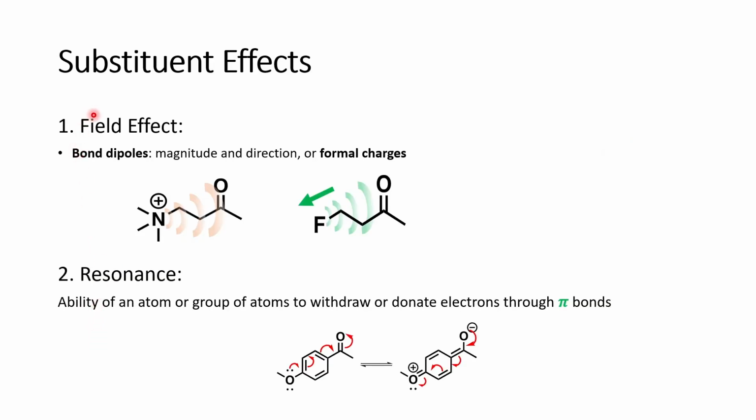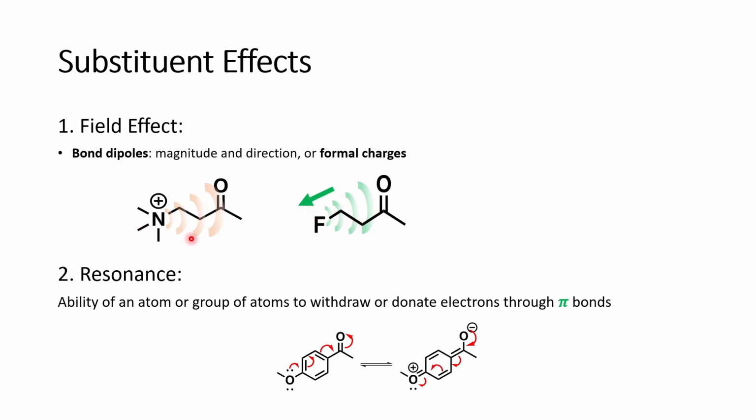Now that we know what a substituent is, we'll look into each substituent effect briefly. First of all, we have the field effect. The field effect can arise from a bond dipole or from a formal positive or negative charge. Here I have shown two different phenomena where I have a bond dipole or a formal positive charge.